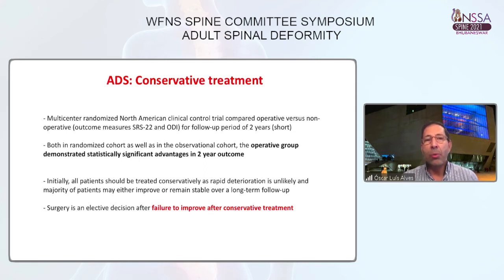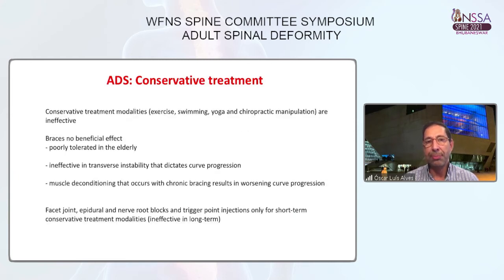A multicenter randomized North American clinical trial with a short follow-up, only 2 years, showed that the operative group demonstrated significant advantage in 2-year outcome. So I think initially all patients should be treated conservatively, as rapid deterioration is unlikely and the majority of patients can remain stable. Surgery is an elective decision for failure to improve after conservative treatment.